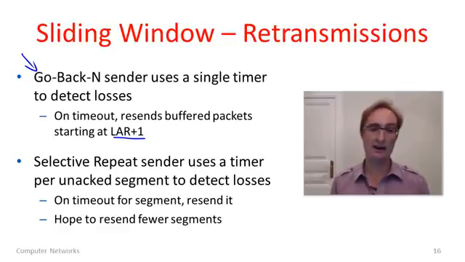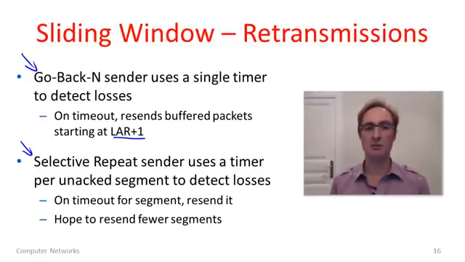So we're going back N. We're basically going back the whole window, up to the whole window. On the other hand, in a selective repeat sender, because we're buffering packets or segments out of order on the receiver on the other side, we can retransmit them individually.